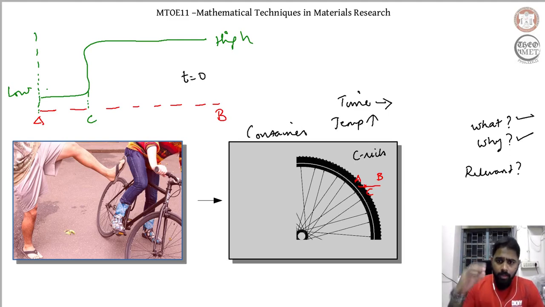Now, when I raise the temperature of my container and hold it at that temperature for some time, the system wants to reduce this disparity in the concentration. Therefore, some amount of carbon from the carbon-rich surrounding moves to the carbon-low rim.